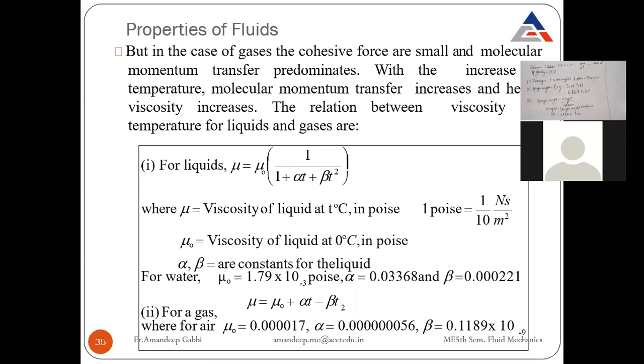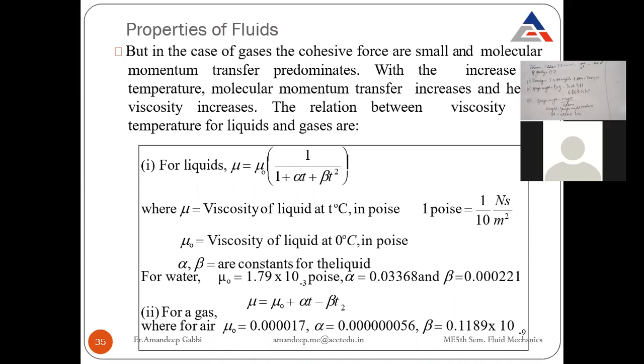To study the effect of temperature, you can see the formula that is on your screen. For liquid, viscosity का effect study करने के लिए you can use this formula, and for gas you can use this formula. Right? I wish you all to please write this formula in your notebooks.